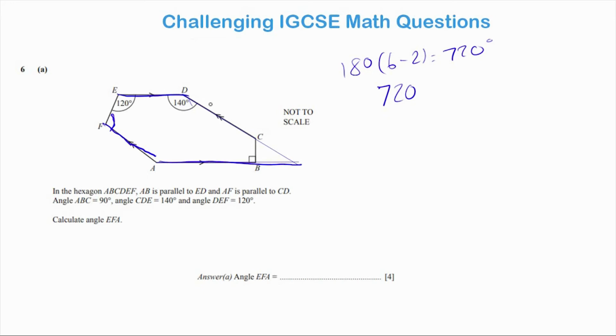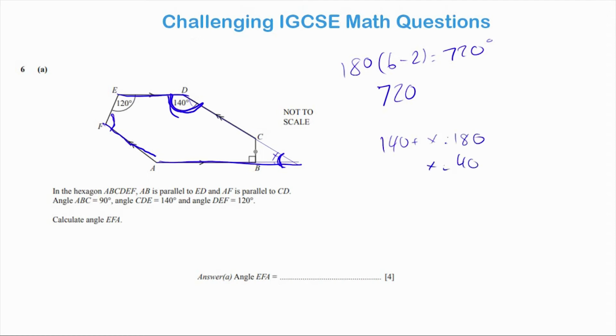As you can see here, this and this are parallel, and there's a transversal here. So 140, this angle and this angle are supplementary, so they add up to give 180, and so 140 plus this angle, I'll call it x, is equal to 180, and x is 40.